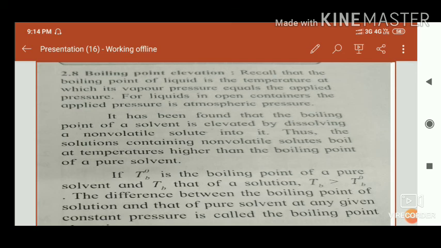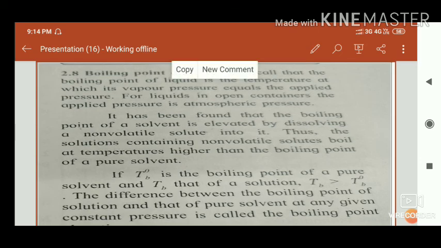Here, if we take a beaker, some water is taken into it, heat is given to the beaker and the temperature is noted. After some time, the vapors form and the temperature remains constant, and this is called the boiling point of that liquid.